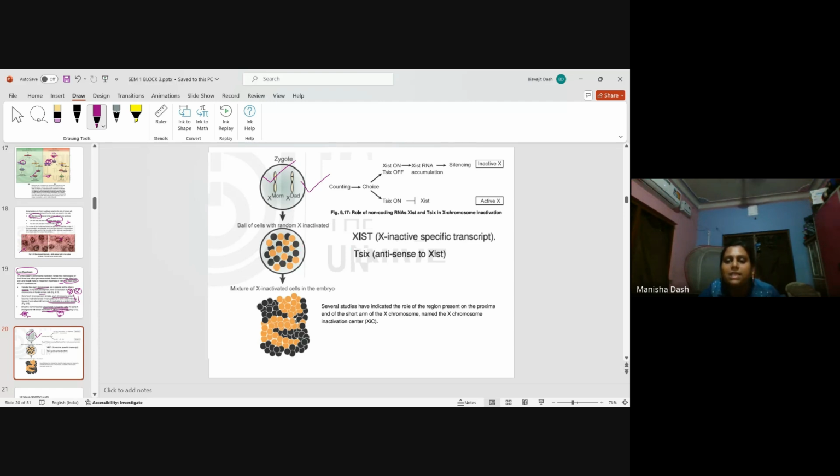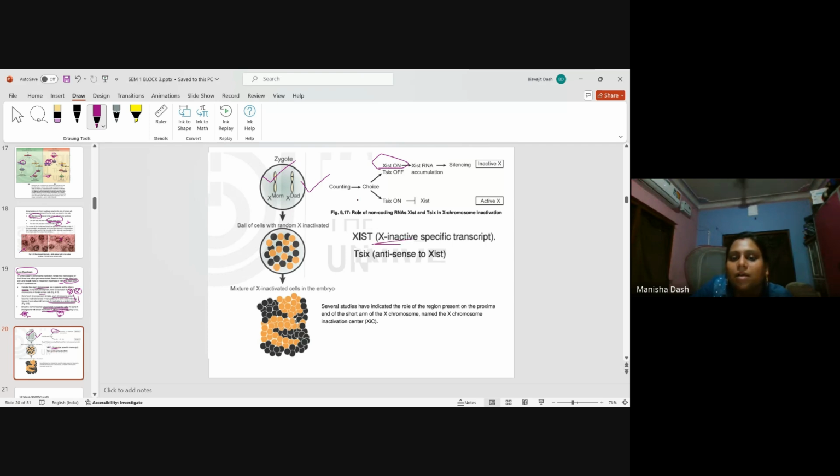Now how exactly is one of the X chromosomes inactivated? Yesterday we also discussed the RNA concept, the interference RNA. Similarly here, there is a transcript called XIST, the X inactive specific transcript.